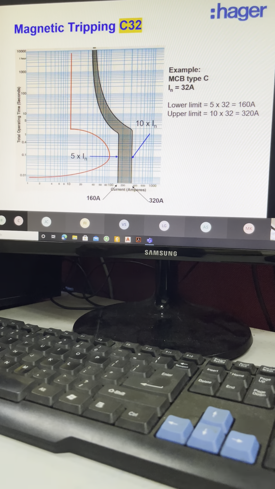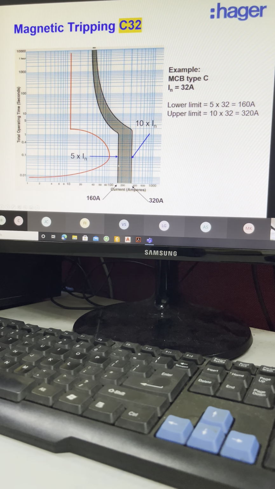If you look at this black curve, here is the thermal curve, and the straight one is the magnetic curve. The thermal curve shows the response for overload protection. The straight curve shows the response of the breaker during inrush current. Inrush can be starting current, and it can also be short circuit current. And it has a lower limit and an upper limit.